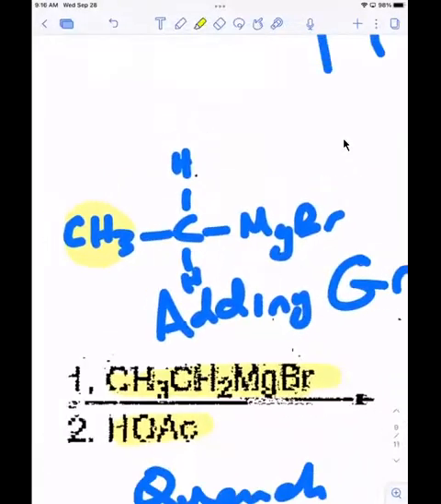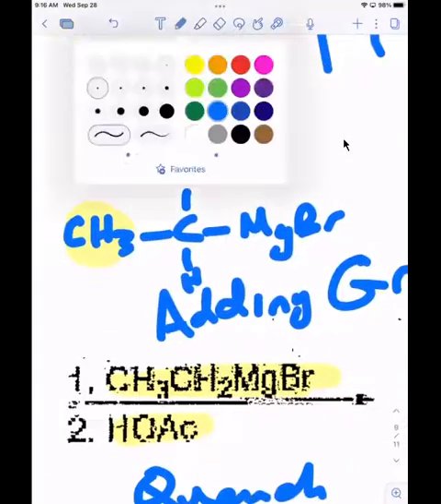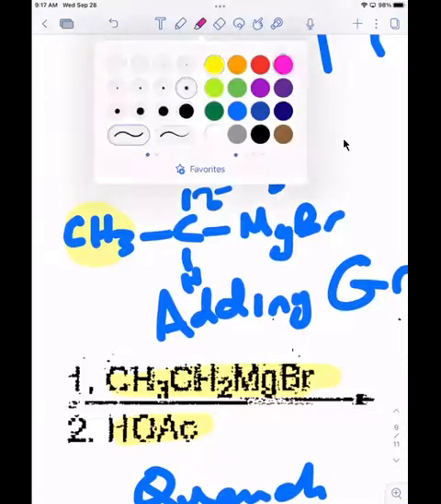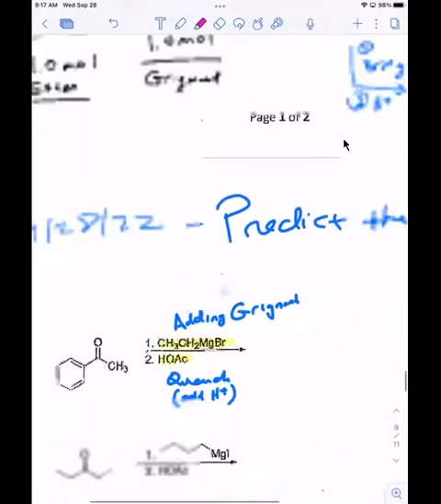It's this carbon that's bonded to magnesium that has partial negative charge, and then magnesium is partially positive. So it's going to be this carbon right here that attacks.